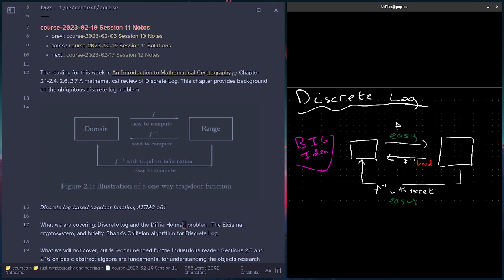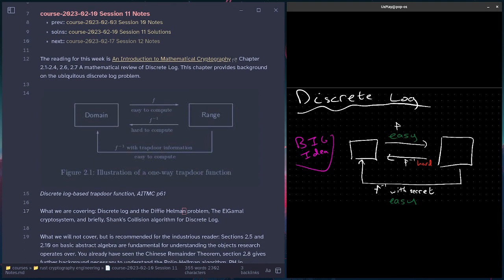So moving on to this week then. We were covering chapter 2 in A Mathematical Introduction to Cryptography. This week's focus is going to be on a couple of interesting algorithms from chapter 2.